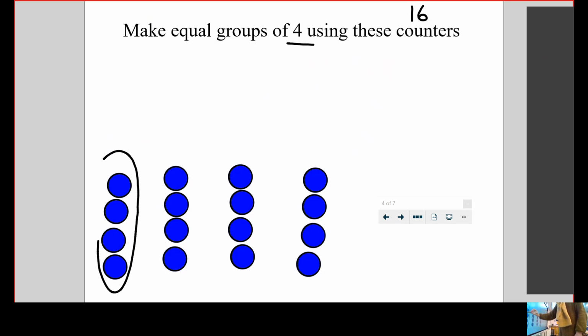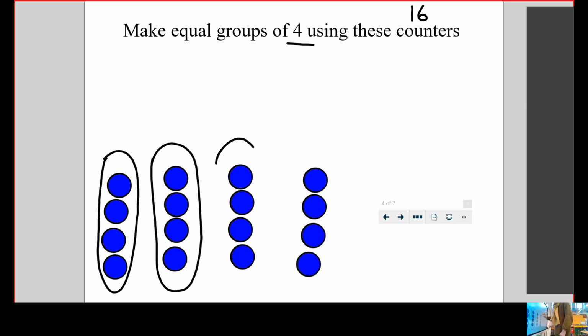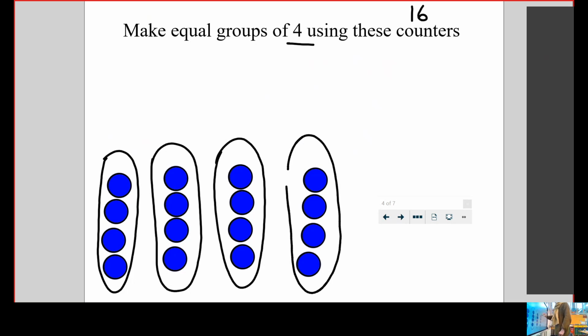So we've got 1 group, 2 groups, 3 groups, 4 groups. So my 16 counters were made into equal groups of 4, and we have 4 groups of equal size.